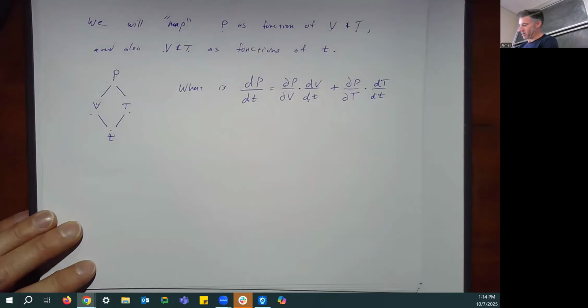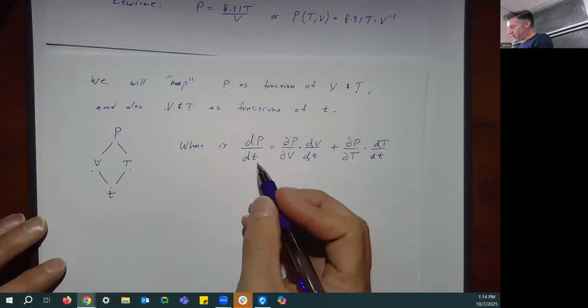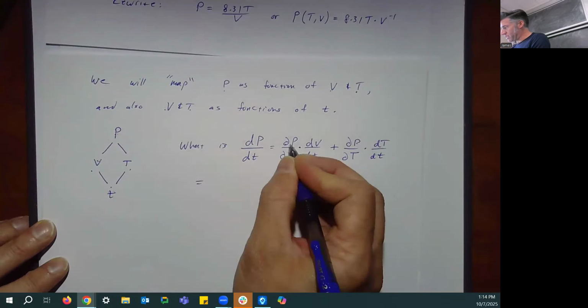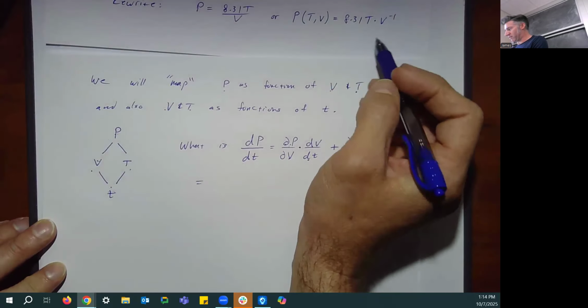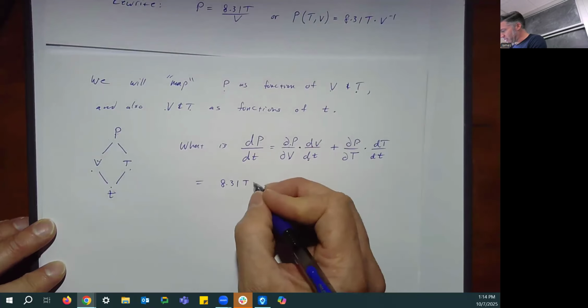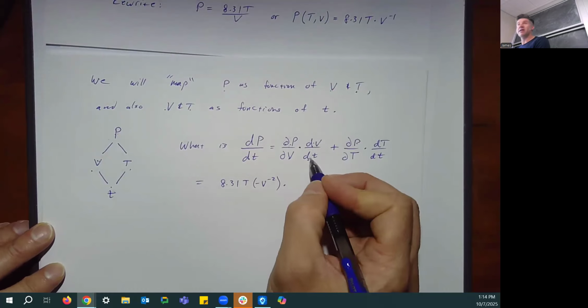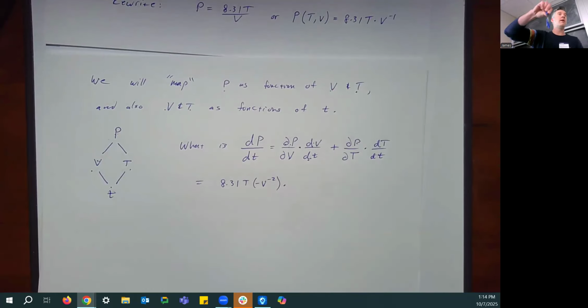We're taking a derivative. Our del P del V is the partial derivative with respect to V. So it's going to be 8.31 T times negative V to the negative 2. Our dV/dt, they told us in the problem. dV/dt is the rate of change of the volume, which was 0.2 liters per second.